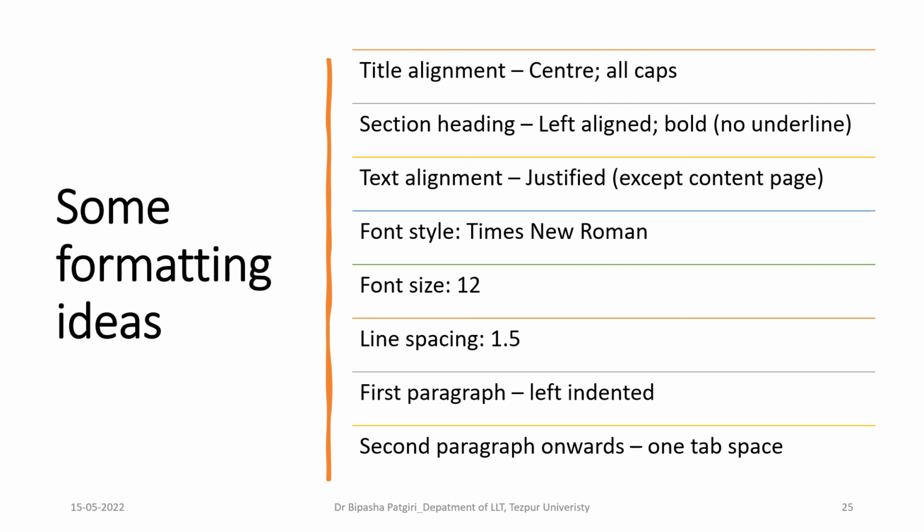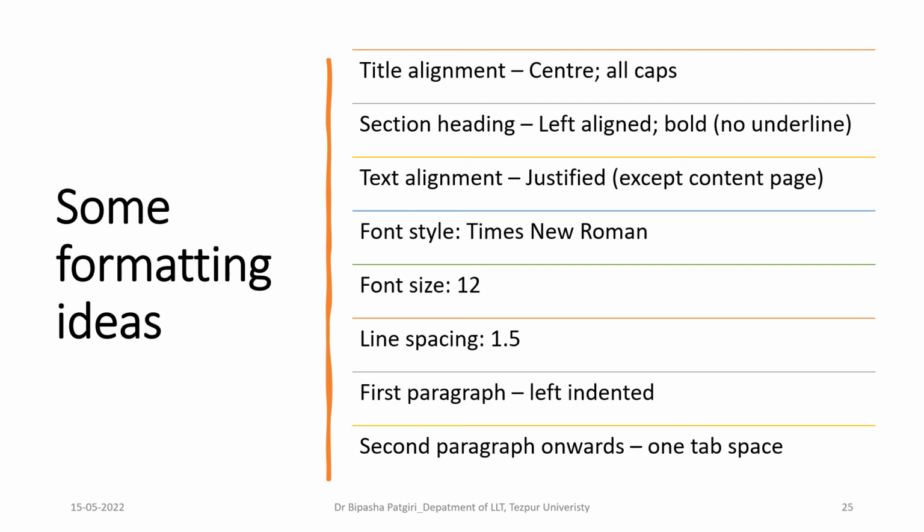Text alignment, apart from the title and section headings, should be justified, except the contents page. The contents page, you know how to arrange it. I have shown you this already. Font style should be only Times New Roman. Even if you have made copies from other documents, your own or elsewhere, make sure that your document doesn't have any other font style except Times New Roman.